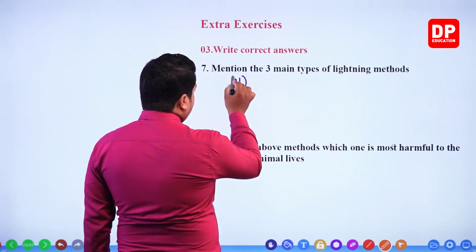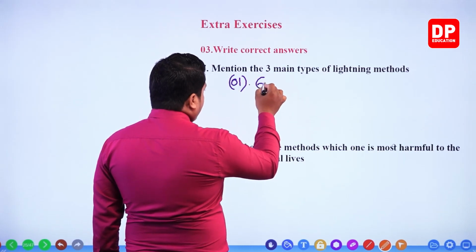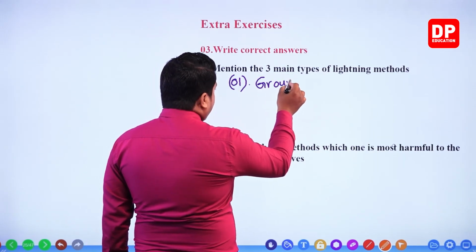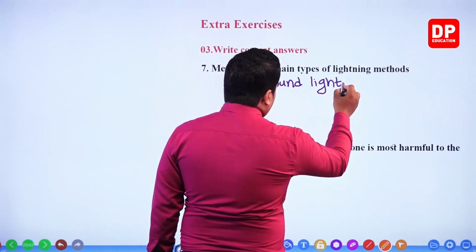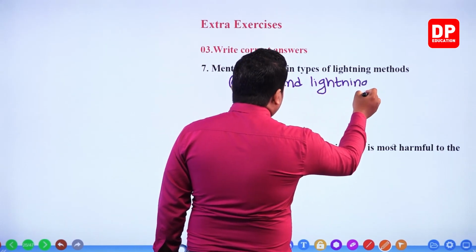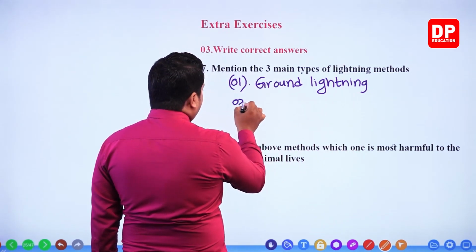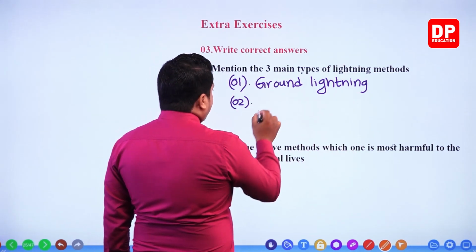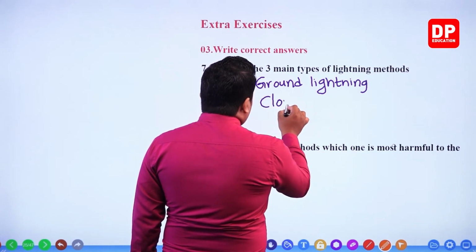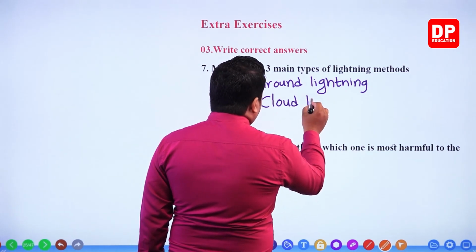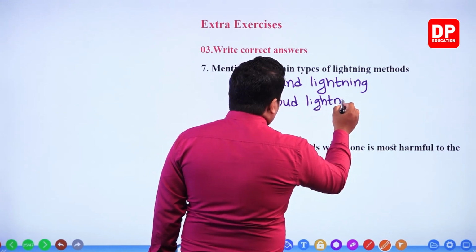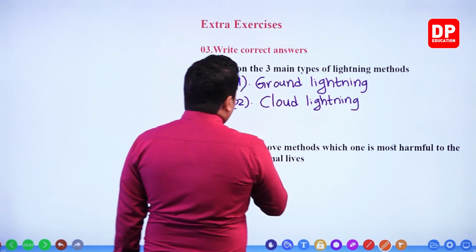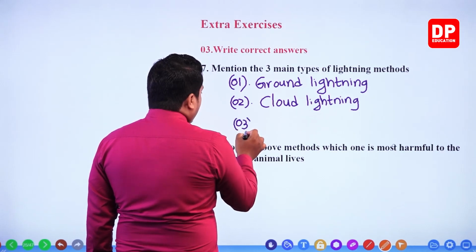Number 1, ground lightning. Number 2, cloud lightning. Number 3, air lightning.